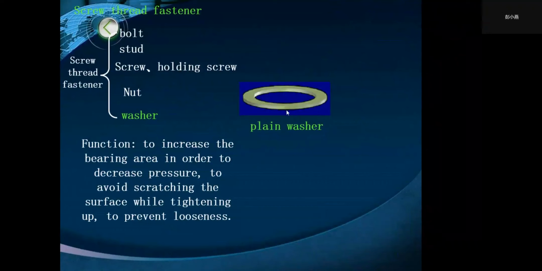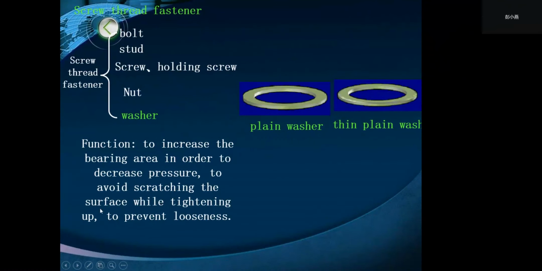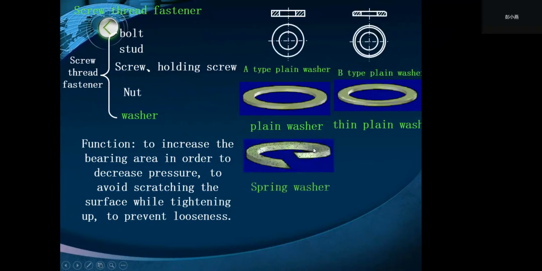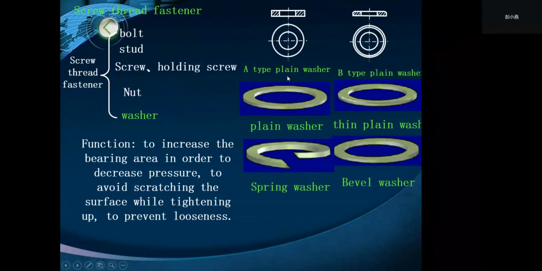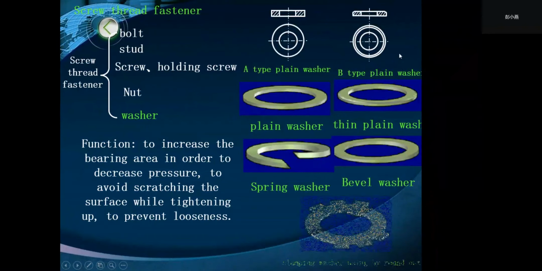The basic type of washer is a plain flat washer, and the function of a washer is to increase the bearing area in order to decrease pressure, to avoid scratching the surface while tightening up, and to prevent looseness. This is A-type plain washer and this is B-type plain washer.